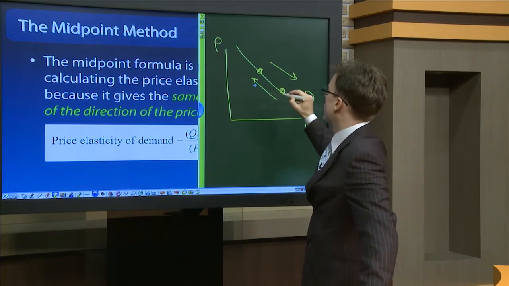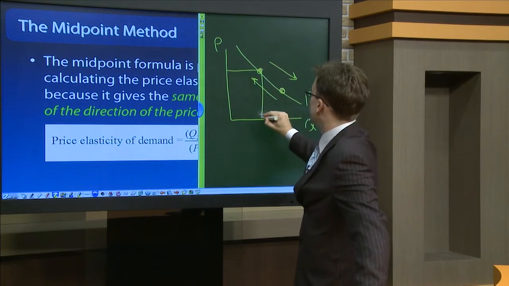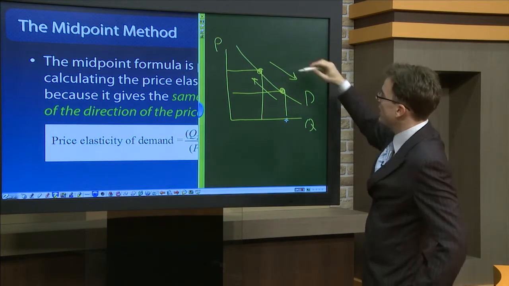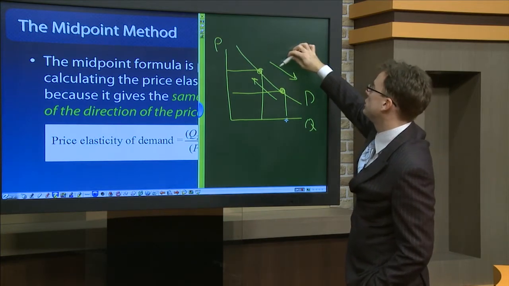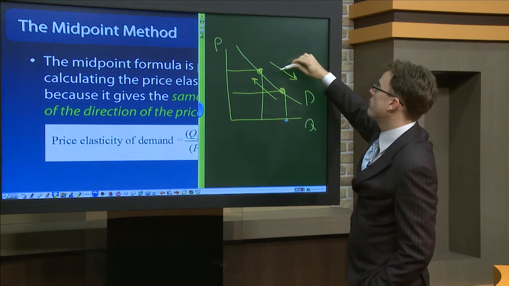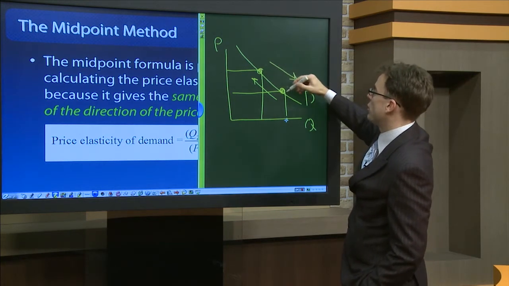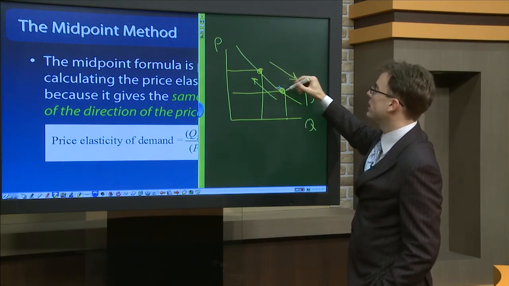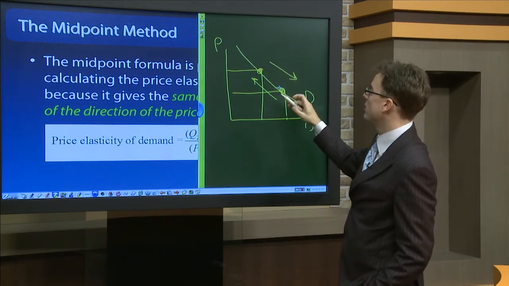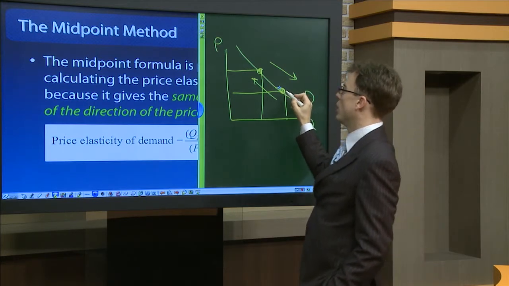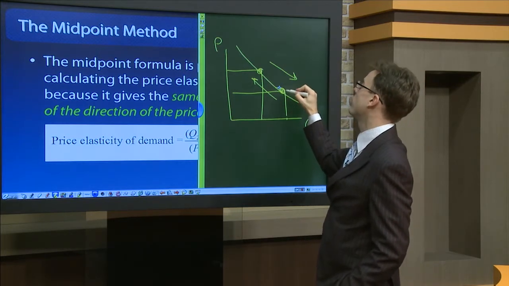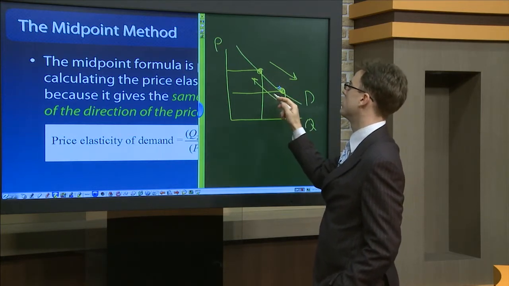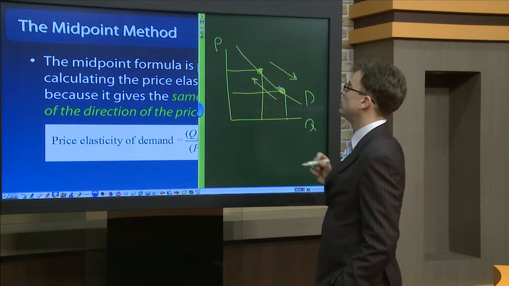You may think that between these two points, if we are looking at the change in this direction, we would find some particular percentage change in quantity, some particular change in price. But if we studied a movement from this quantity demanded to this quantity demanded, we would find a different percentage change in quantity and a different change in price.